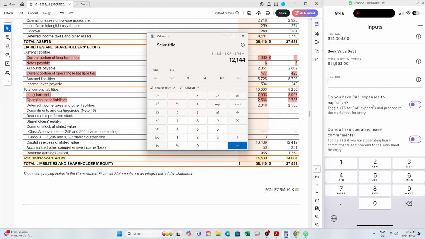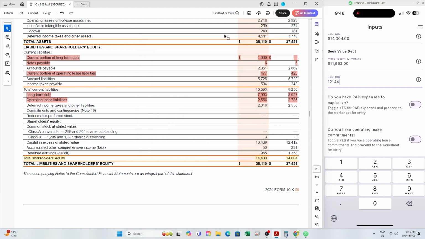We are adding operating lease liabilities here as they are contractual commitments and we treat them as debt.